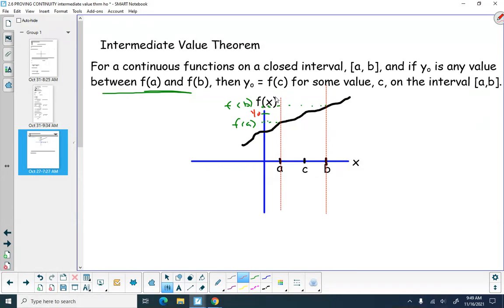I have f at b and I have f at a. If my y value is somewhere in between these values, then there exists a value of c on the interval from a to b. If y is between f of a and f of b, then there's a value of c in between a and b somewhere along the line.